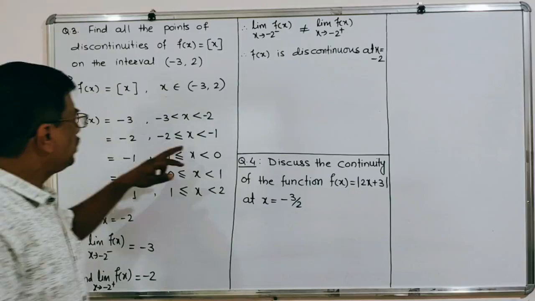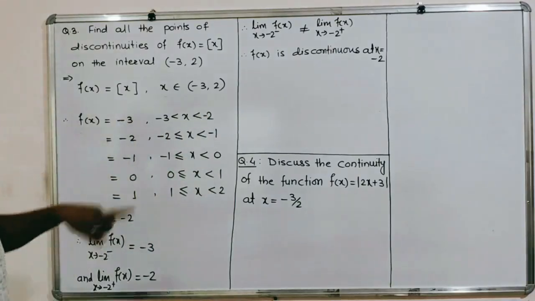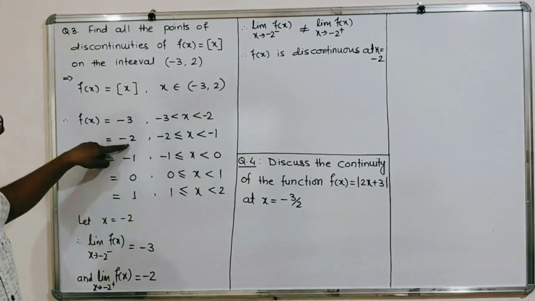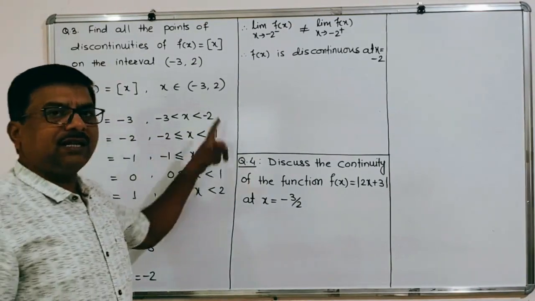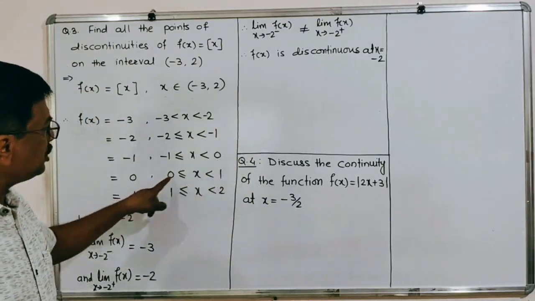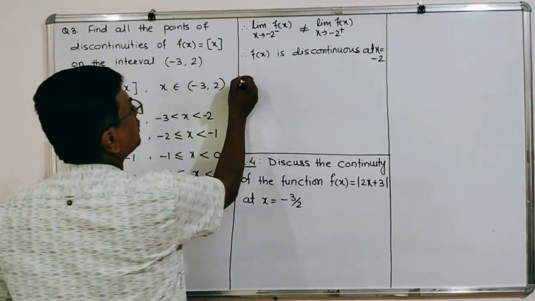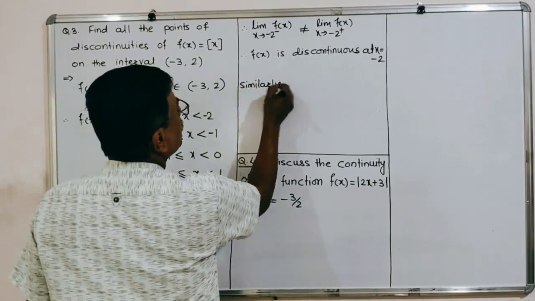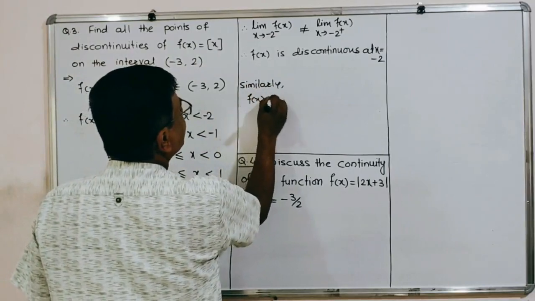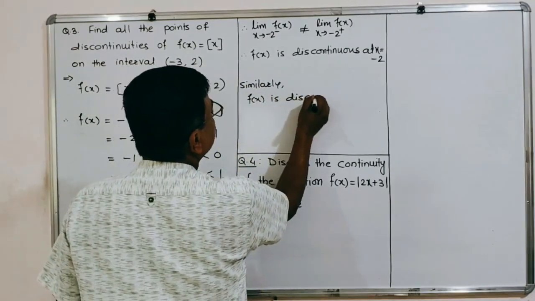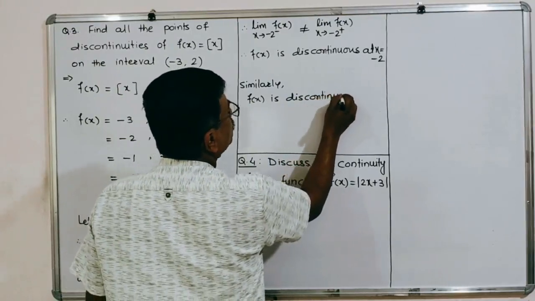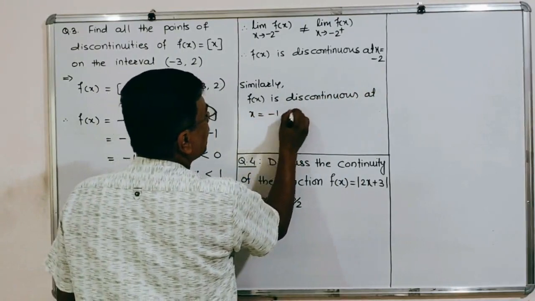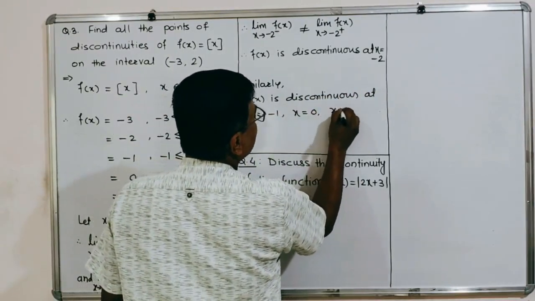Just as we showed this function to be discontinuous at -2, similarly if we find the limit at -1, its LHL and RHL will be unequal for -1 too, and similarly for 0 and 1. Then we can say that f of x is discontinuous at x is equal to -1, x is equal to 0 and x is equal to 1.